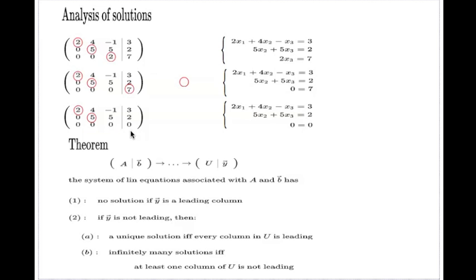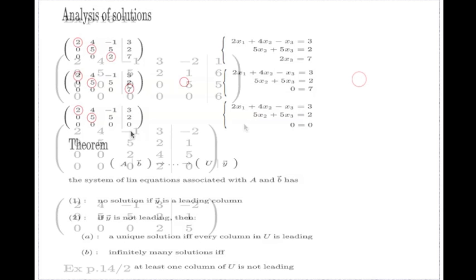For instance, if you have two non-leading columns, you will need to parameterize two unknowns, and you will end up with the equation of the plane, because something which is parameterized by two unknowns will be the equation of a plane. The same way it was the line, like one of you suggested for one of the examples we did.